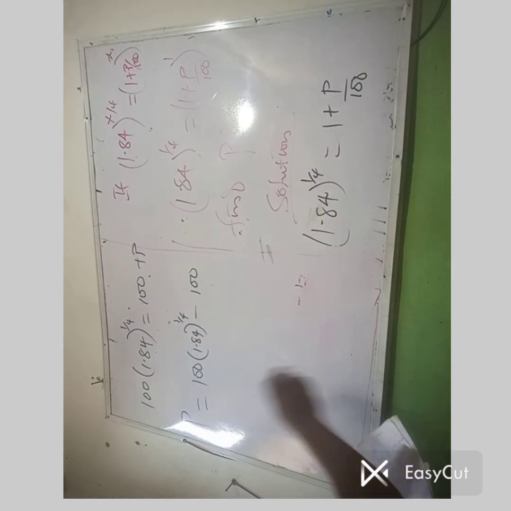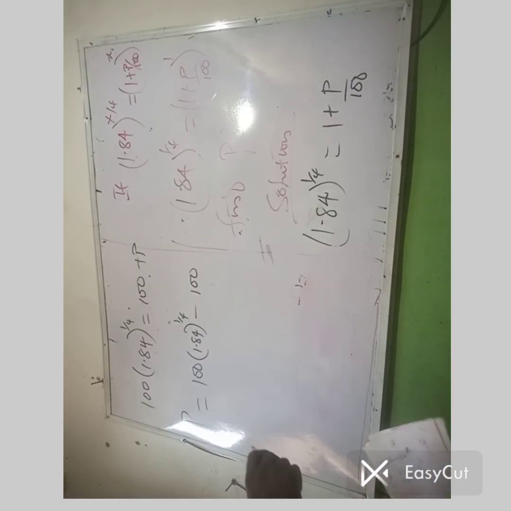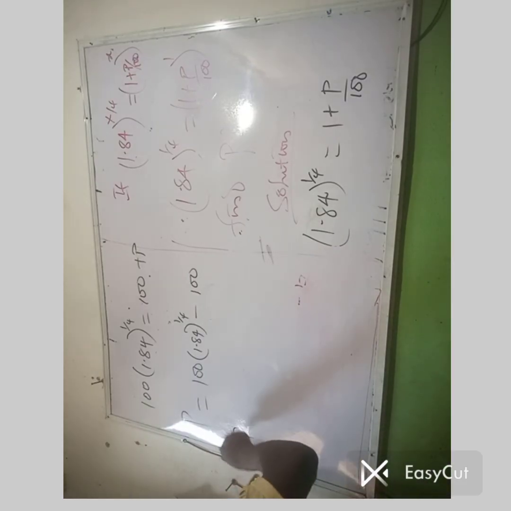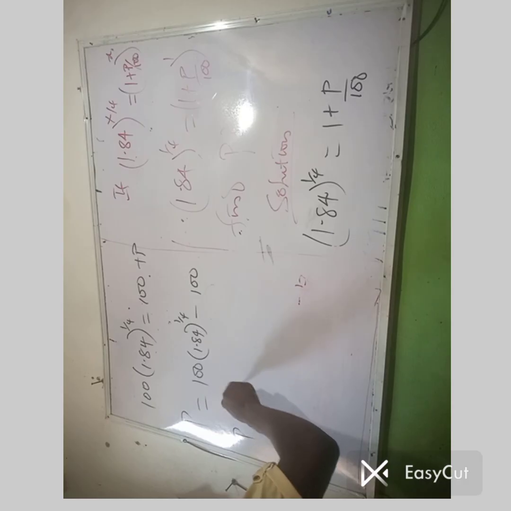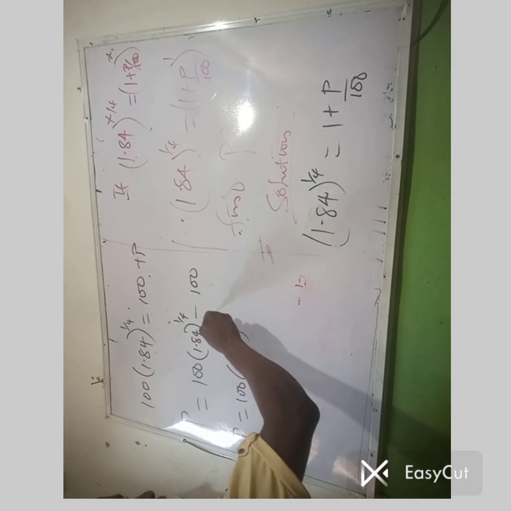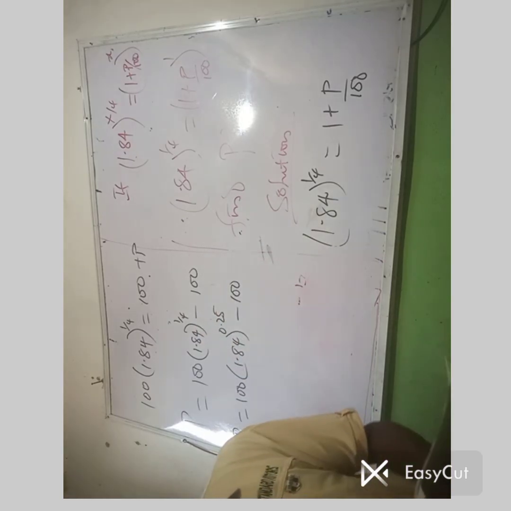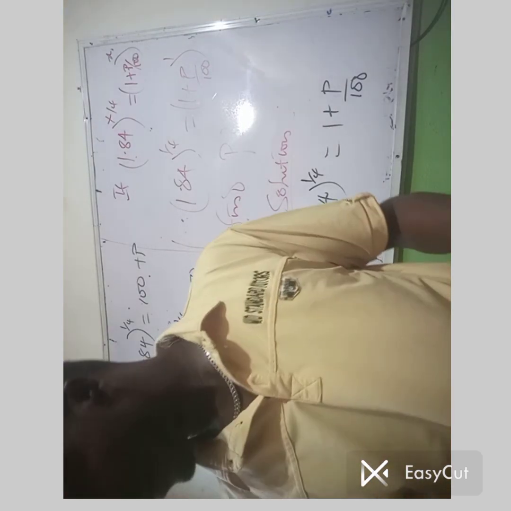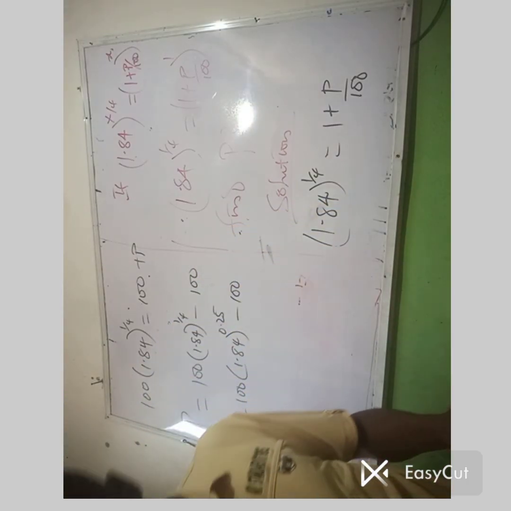So now p equals 100 times 1.84 raised to power 0.25 minus 100. It's simple, we can just find the expression and give our final answer.